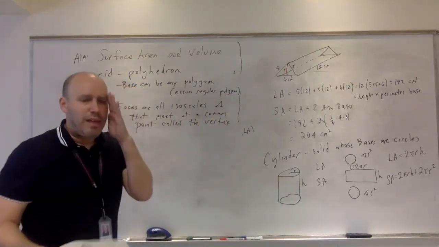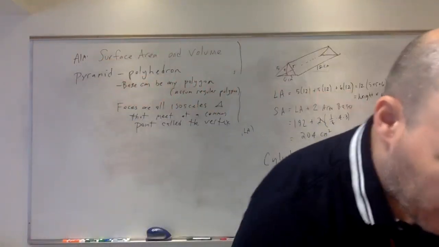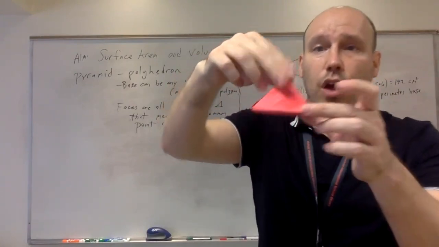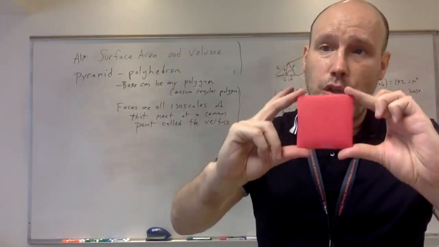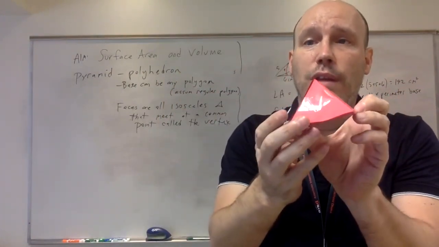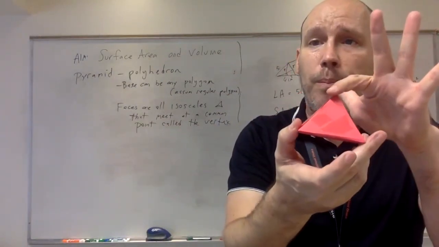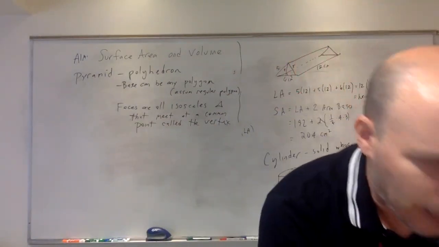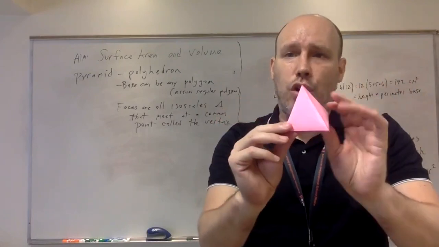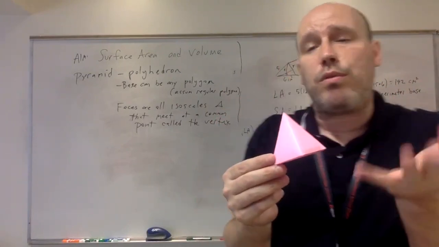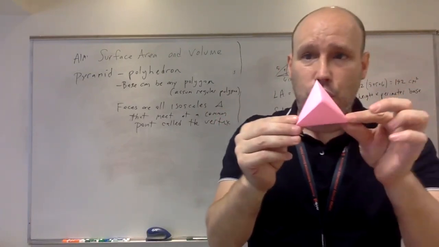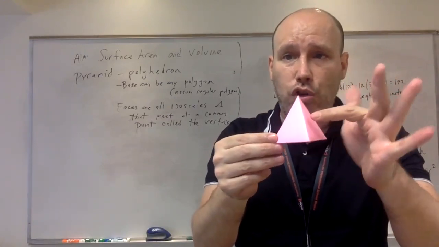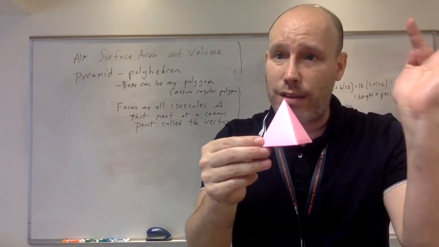You can visually imagine that with our two models. Here's a square pyramid. The base is a square, the lateral faces are triangles, and they all meet at the vertex. Same thing with the triangular pyramid. The base is a triangle, all the faces are triangles, and they all meet at the vertex.